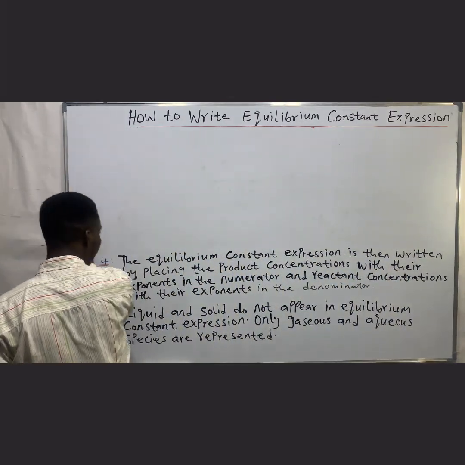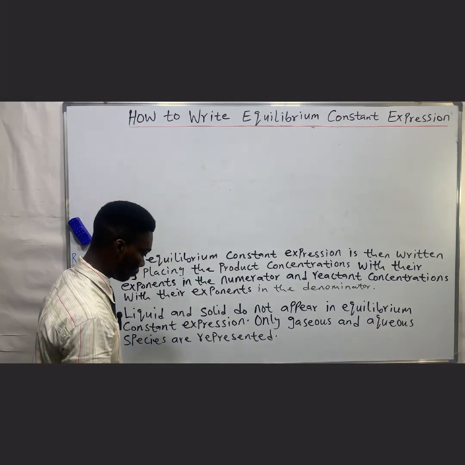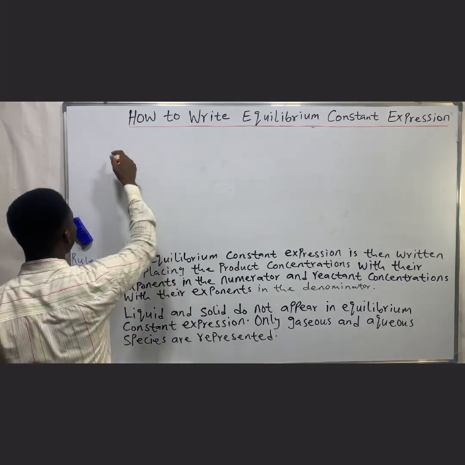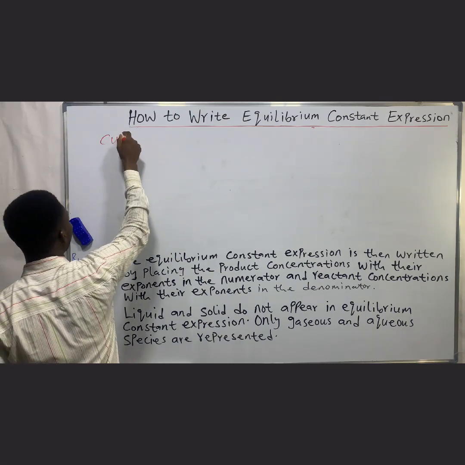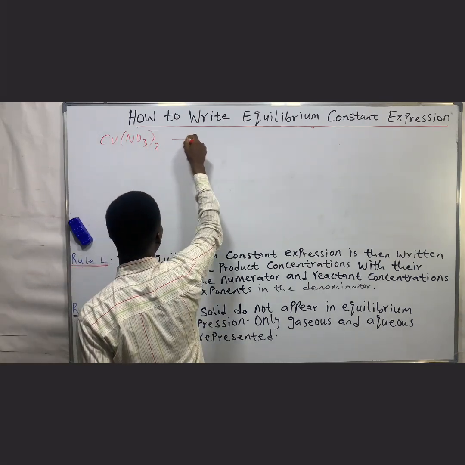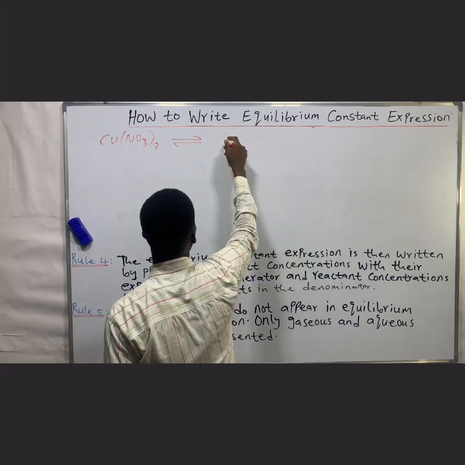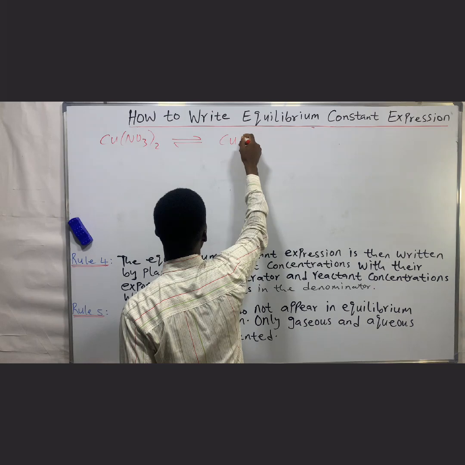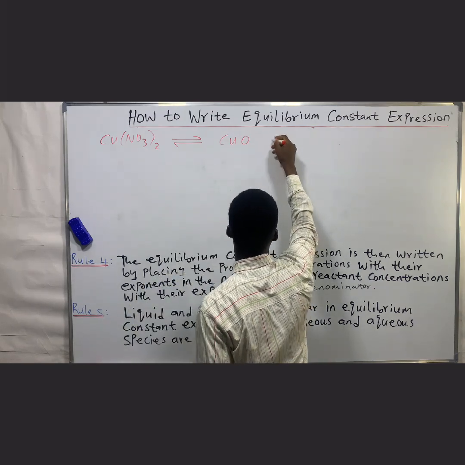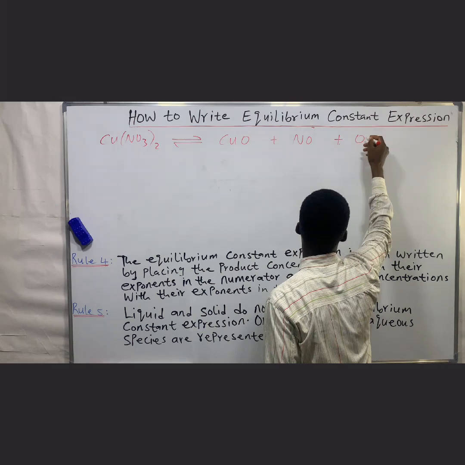Okay, now I have a question here. This is copper nitrate, Cu(NO3)2, giving us copper(II) oxide plus NO2 plus oxygen.